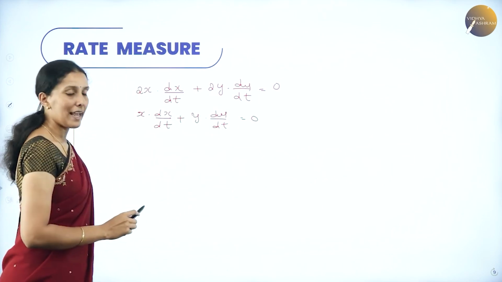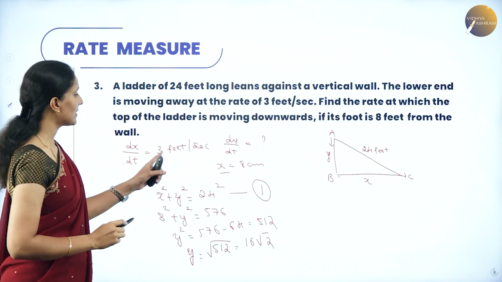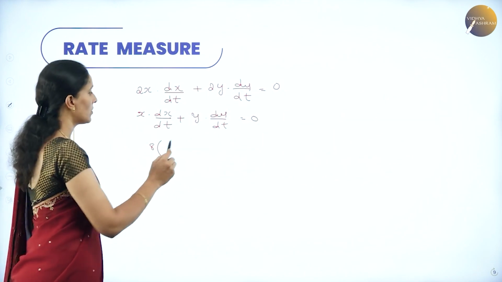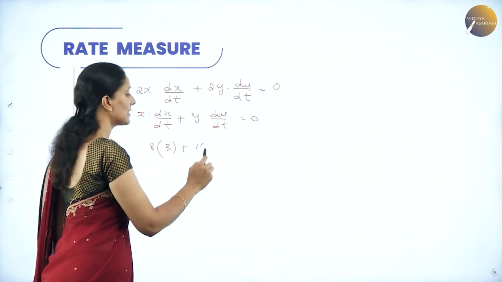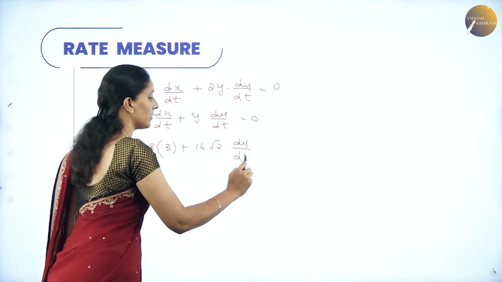Now what is x? We have x as 8 feet, and dx by dt is given, that is 3 feet per second. So it is 3, and y we have got as 16 root 2. We need to calculate dy by dt.